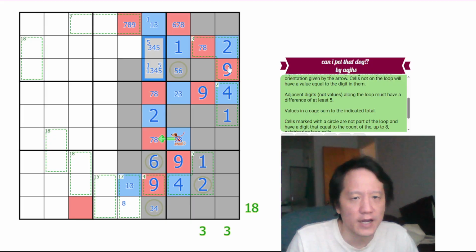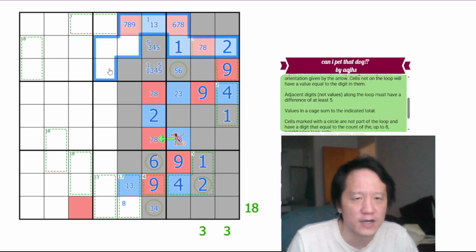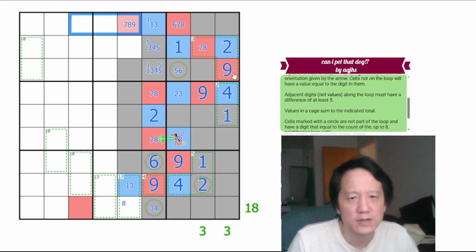Therefore, if it's 9, it cannot be 1, 2. It'd be 1, 2, 3, 4, 5, 6. It cannot be 7, 8, 9 because the 1 is already counted for in that box. So 1, 2, 3, 4, 5, 6, 7, 8. It cannot go down. 7, 8, and 9. It has to stay this way, right? Because it'd be 1, 2, 3, 4, 5, 6, 7, 8, 9.